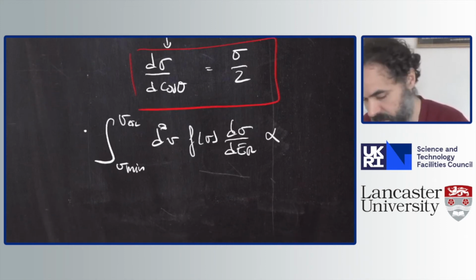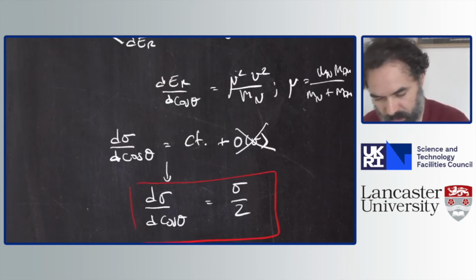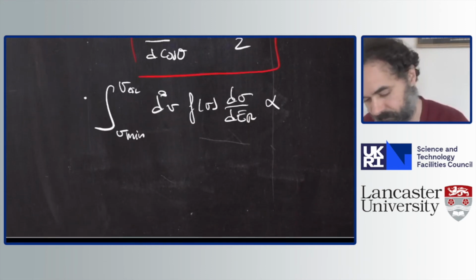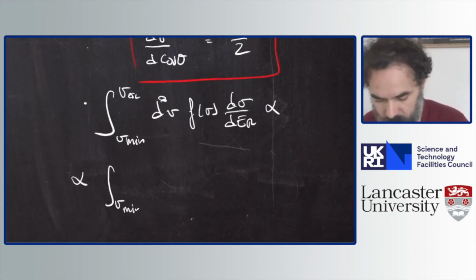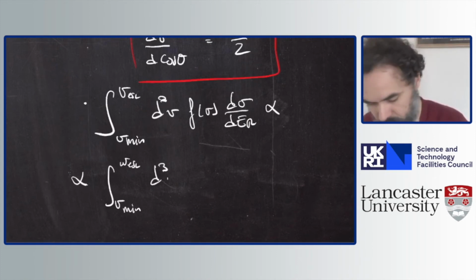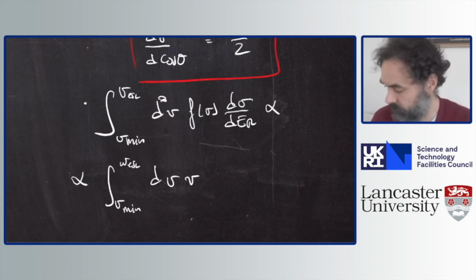Using the expression that I just wrote, this is proportional to the integral from minimum to escape velocity. Here you assume that there is spherical symmetry.